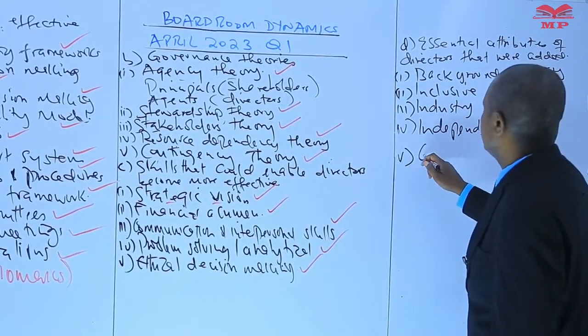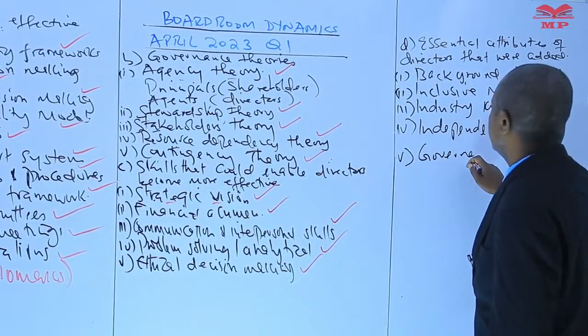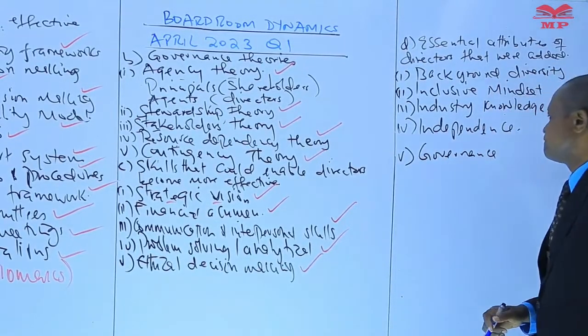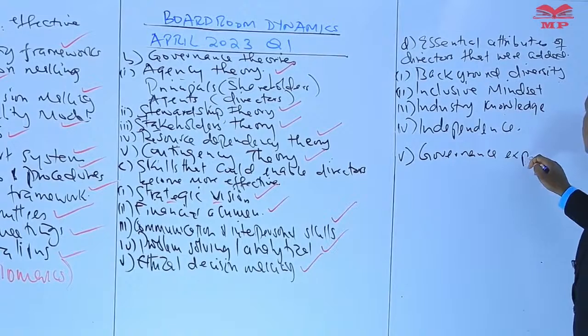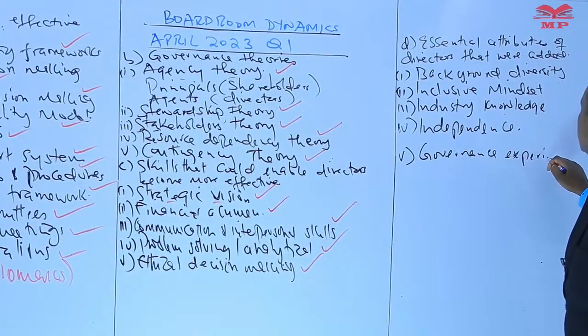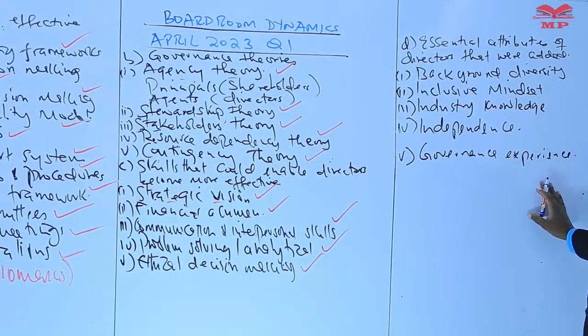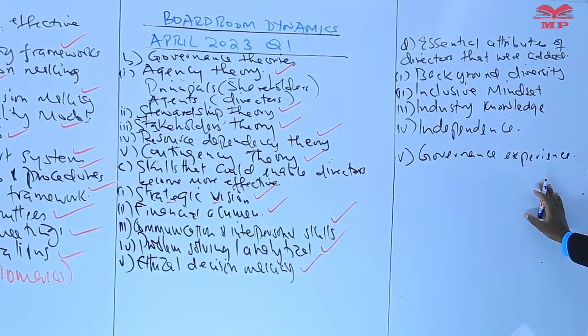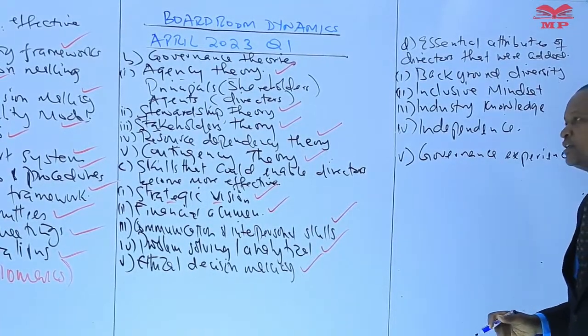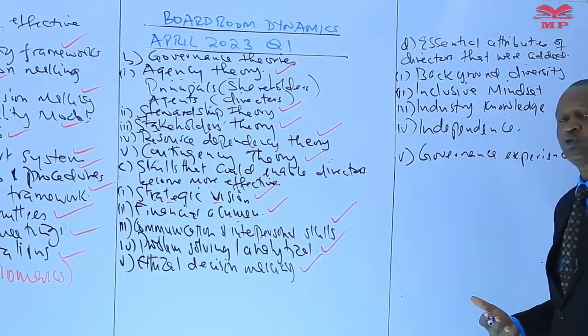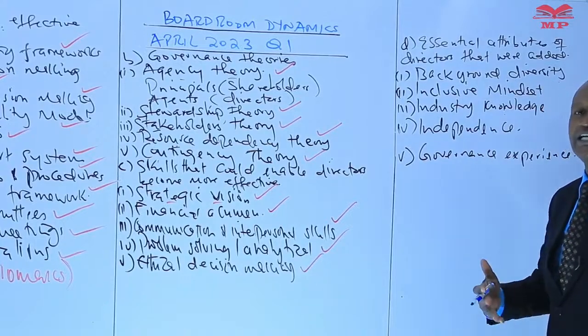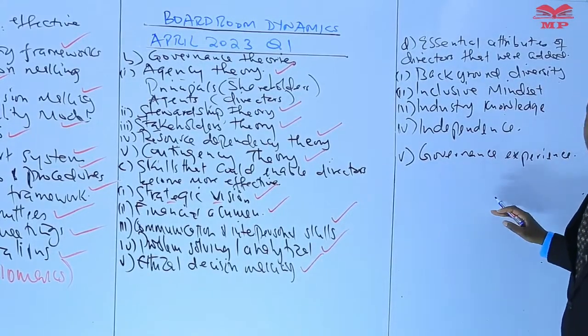Five, governance experience. Directors with prior governance experience bring valuable insights into the company. They bring into the company what we call best practices and can help the company improve its governance standards.